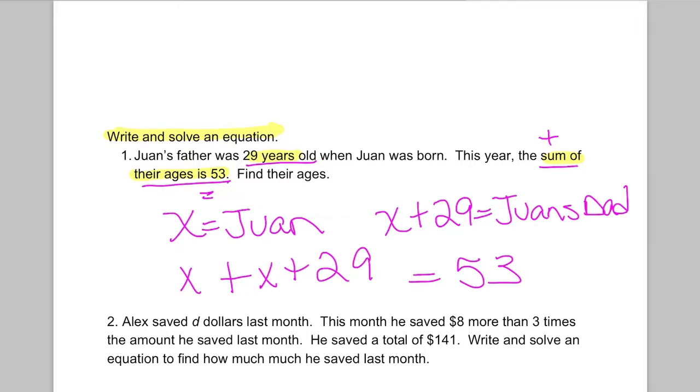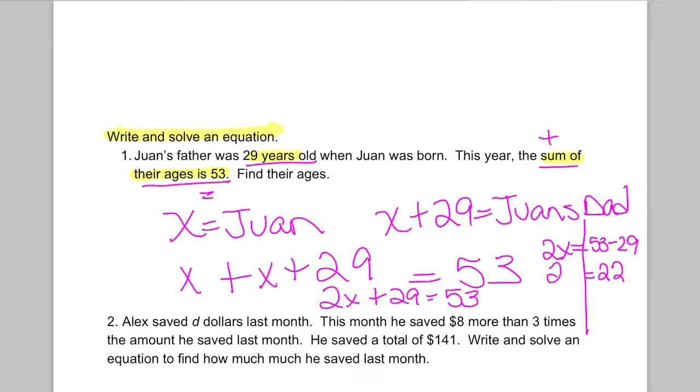Now let's solve it. Then you combine your like terms, so 2x plus 29 equals 53. If we solve that, we of course subtract first, so 2x equals 53 minus 29 on both sides.